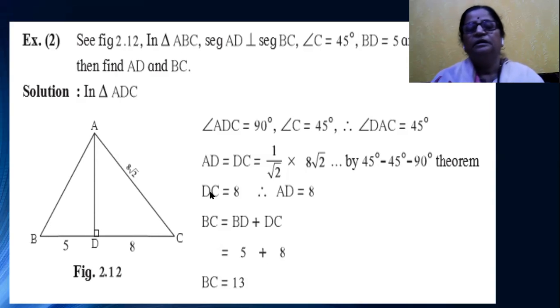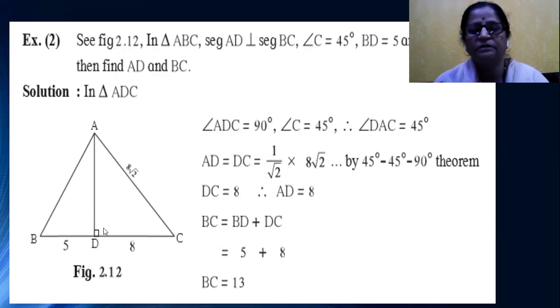So angle ADC is equal to 90 degrees, angle C is equal to 45 degrees and angle DAC is also 45 degrees. If the angles are equal, then their opposite sides are also equal. So AD is equal to DC.